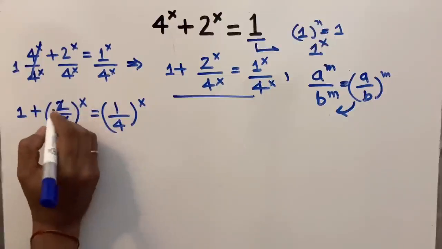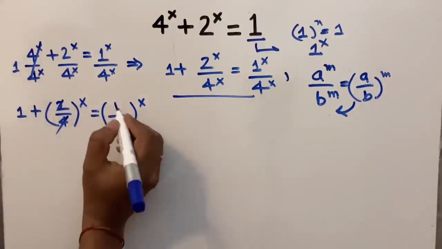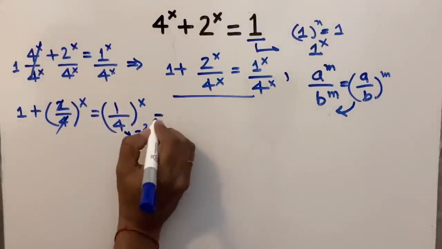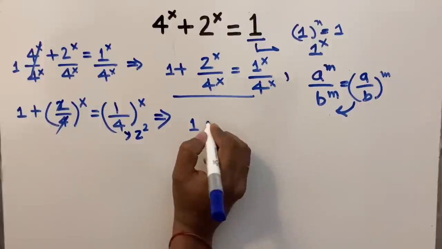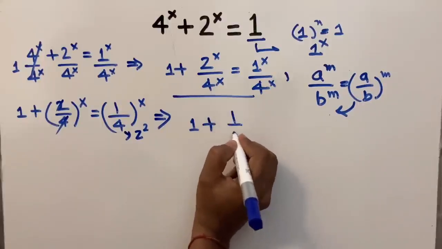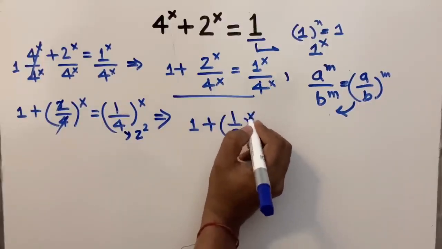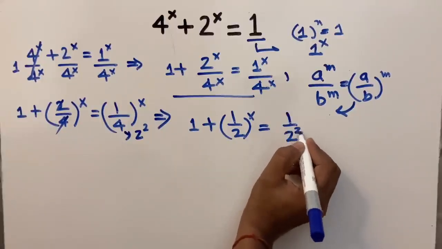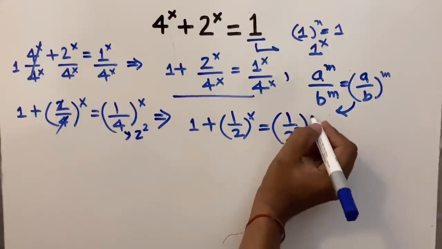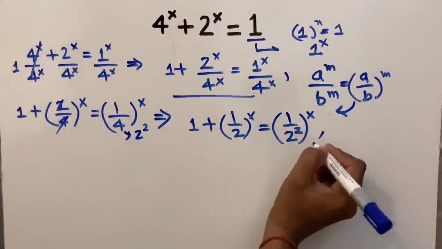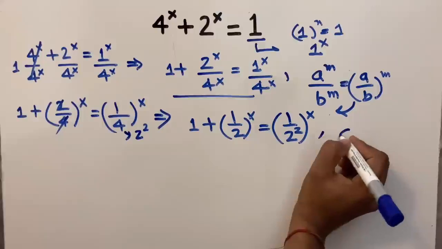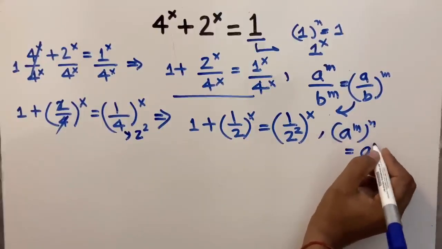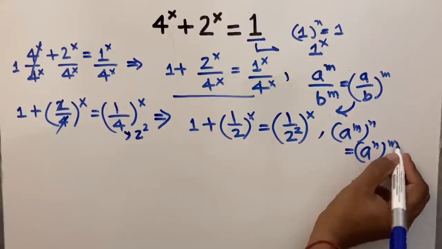So here it becomes 1 by 2, and 4 is also equals to 2 to power 2. So the equation becomes 1 plus 1 upon 2 to power x equals to 1 upon 2 power 2 to power x. We know the exponential rule, which is a to power m bracket power n equals to a to power n bracket power m.